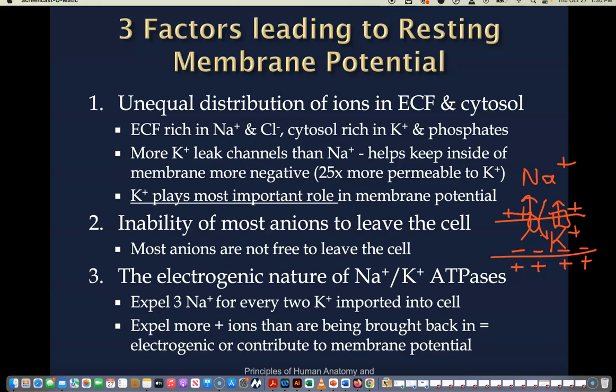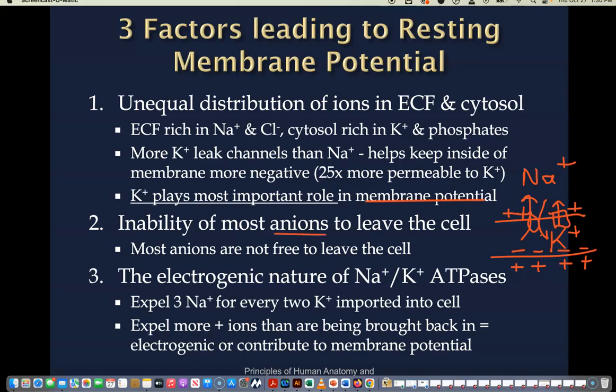And this is really the most important factor in setting up this voltage difference across the membrane, this membrane potential, okay? So again, really important to understand that. Now, the second factor is the inability of most anions to leave the cell.